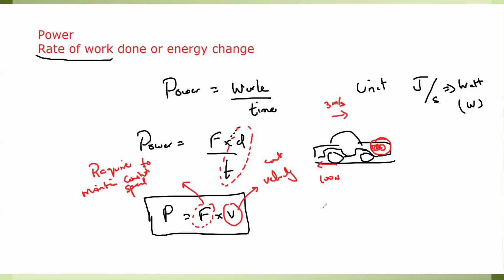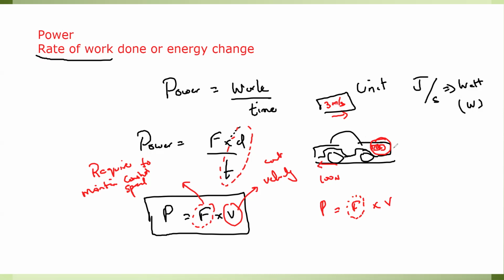So if I want to calculate the power, power is a product of force and velocity. What is this force? This force is the force required to maintain a constant speed. If there's a resistive force of 100 newtons backward, how much force do I need to maintain a constant speed of 3?